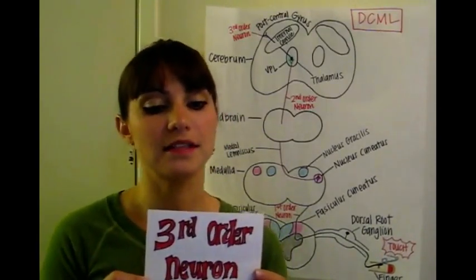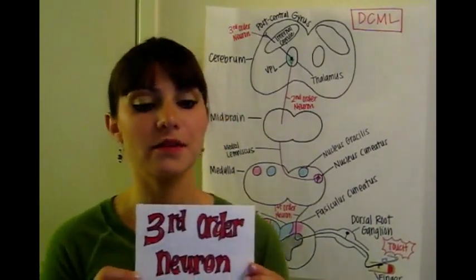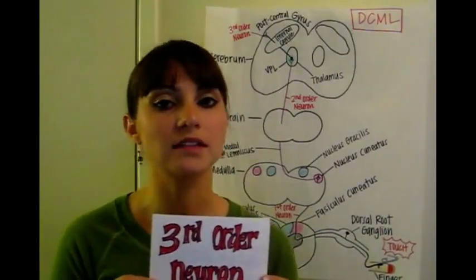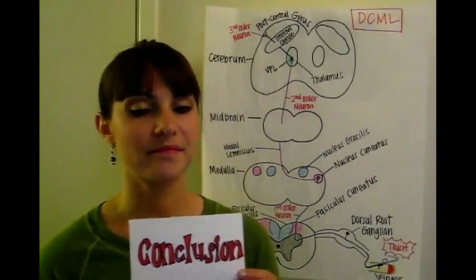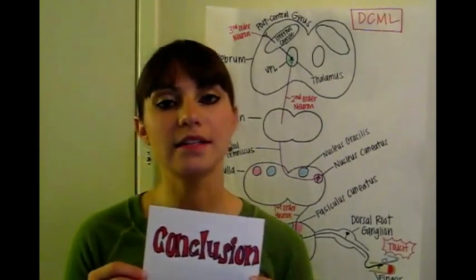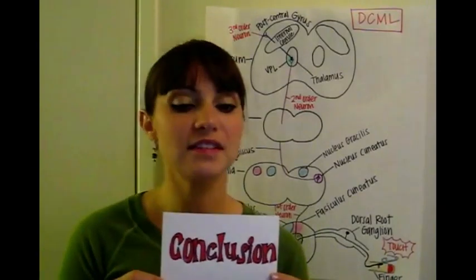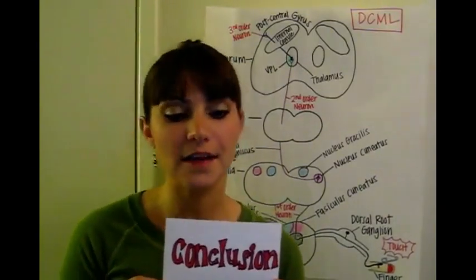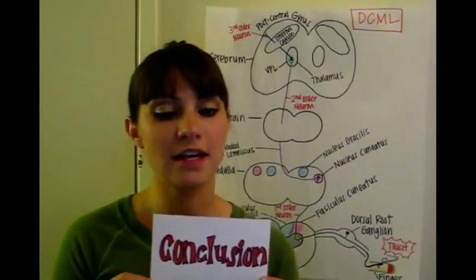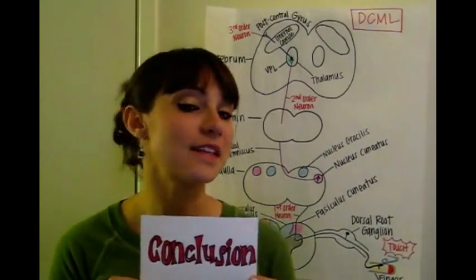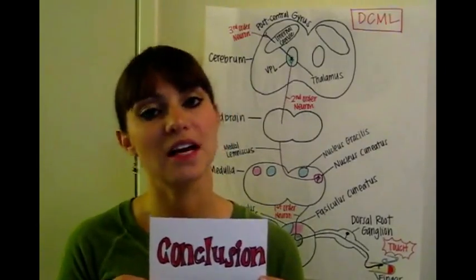Then out it comes and synapses on the post-central gyrus of the parietal lobe. Primary somatosensory cortex, that is where this info finally ends up, responding to touch, vibes, and proprioception. The mechanoreceptors got the job done.